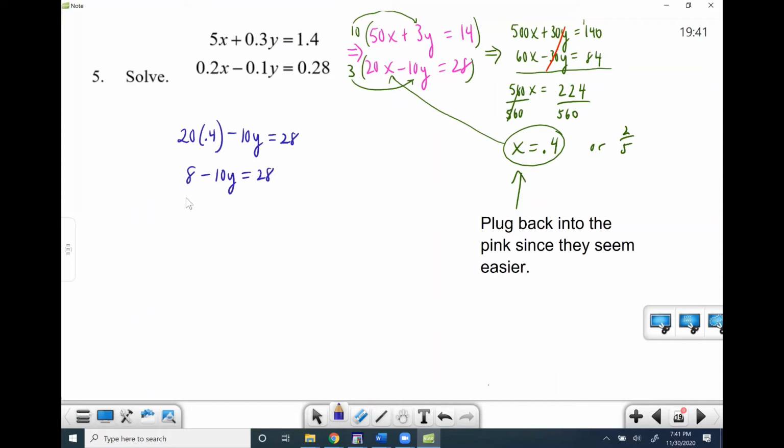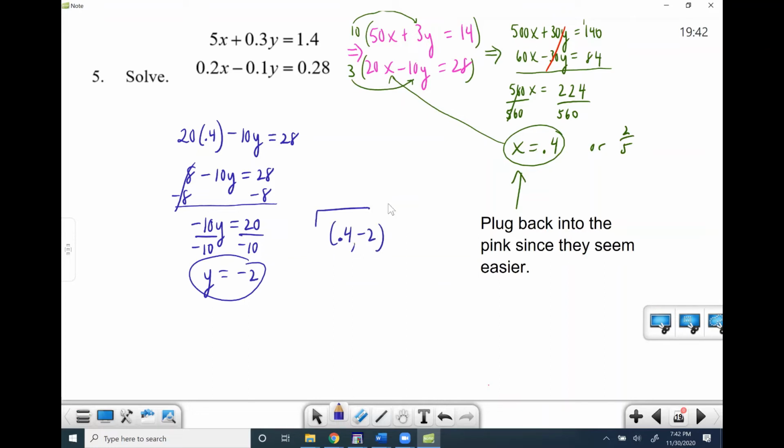So we'll subtract the 8. Okay. So it looks like these guys are supposed to cross at 0.4, -2.